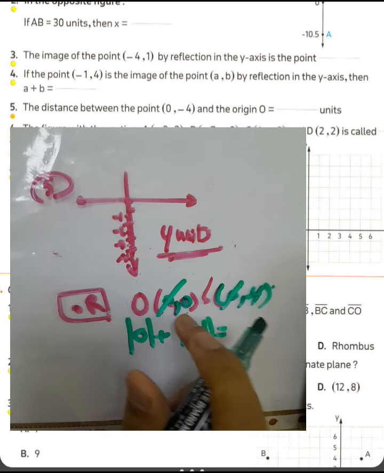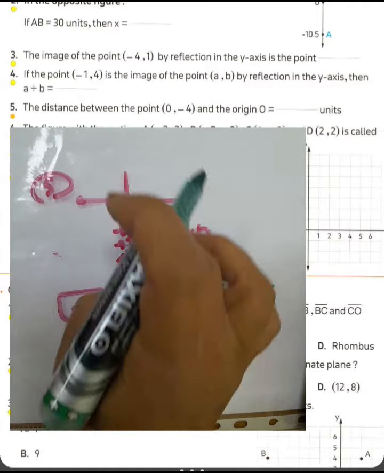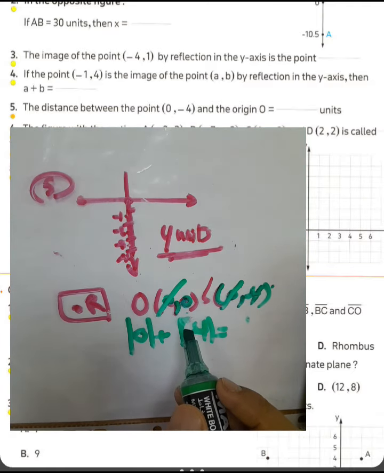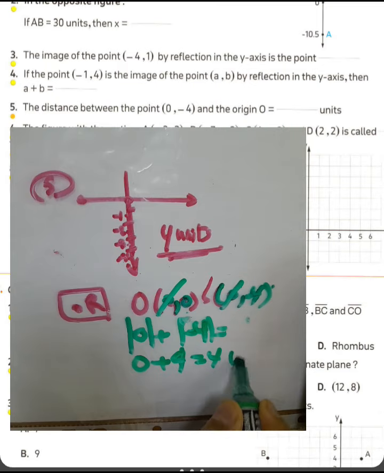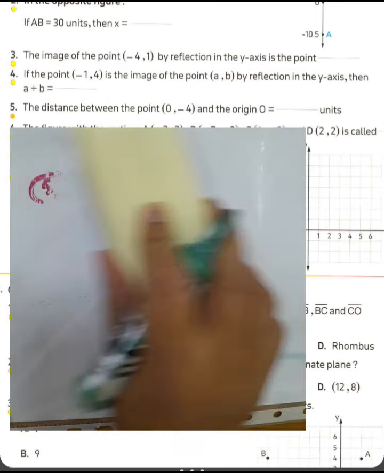Why? Because we have positive and negative, and 0 and negative 4. To find the distance between 0 and negative 4, 0 is non-positive and non-negative. Then the absolute value of the first will be 0, the absolute value of the second will be 4, then 0 plus 4 will be 4 units. Okay, and the result will be 4 units.